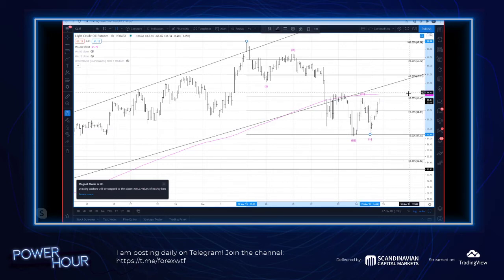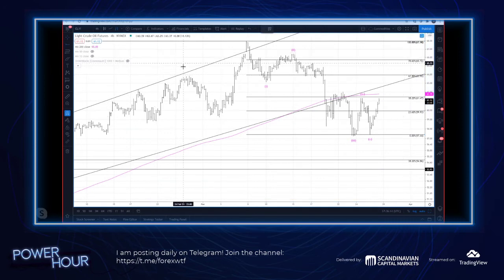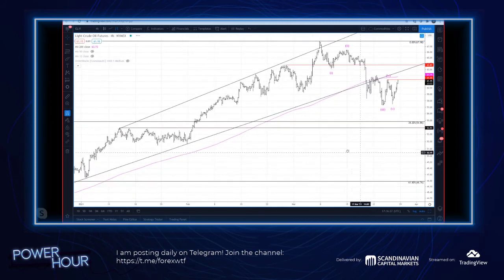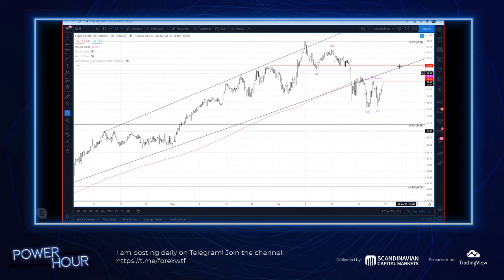And these, you can see the 38.2 and the 61.8 match up really well. So back already 61.30. I'd be looking at 63.80 for resistance here in crude.